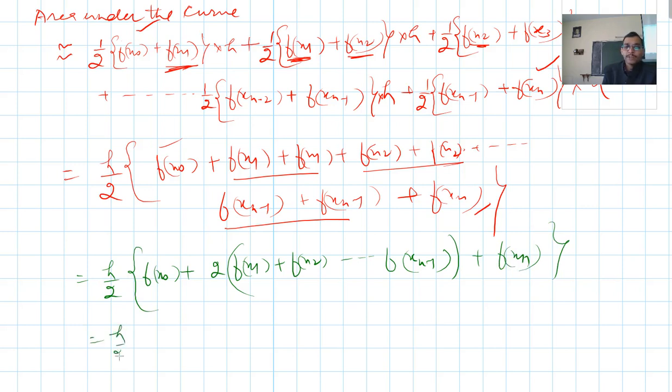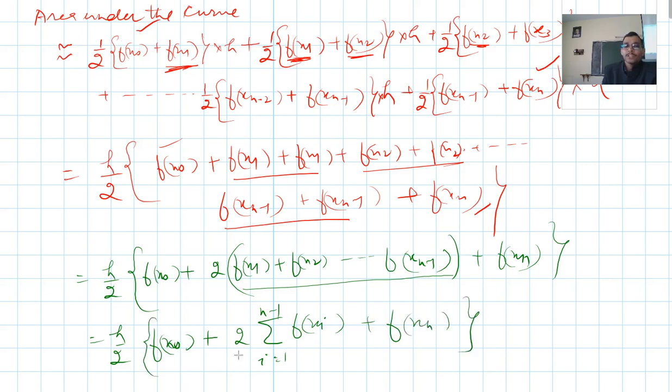Or it is h by 2 times f of x naught plus twice the sum for i from 1 to n minus 1 of f of xi, plus f of xn, which I am writing in the form of a summation. So this is the trapezoidal rule. That means the trapezoidal rule is an improvement over the rectangular method. Clear? So today I talked about this trapezoidal rule, which is the improvement over the rectangular method.